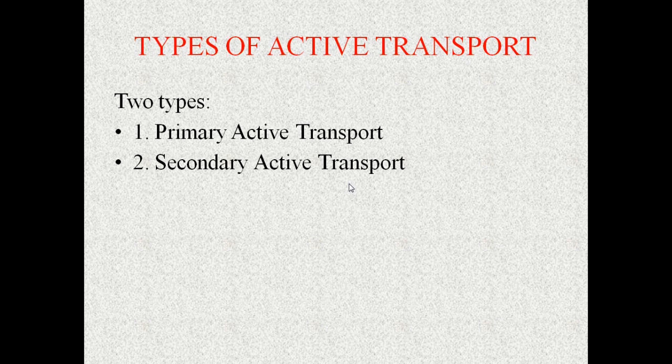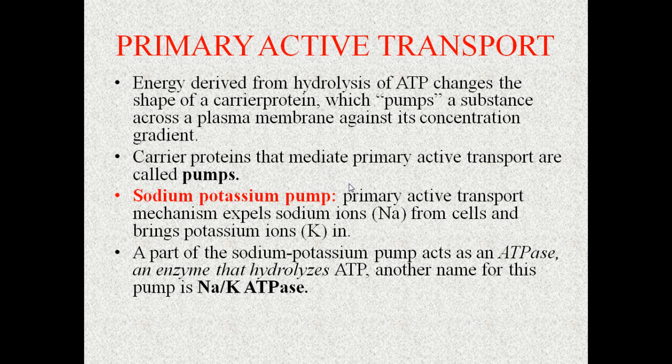Now, how many types of active transport are there? There are two types of active transport, which utilize the two forms of energy we discussed earlier: primary active transport and secondary active transport. What is primary active transport? Here, energy is derived mainly from the hydrolysis of ATP. This energy changes the shape of the carrier protein.